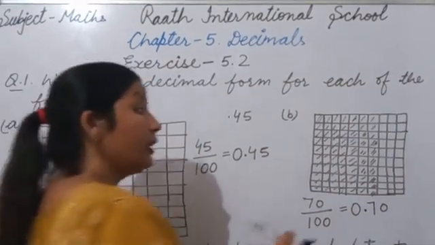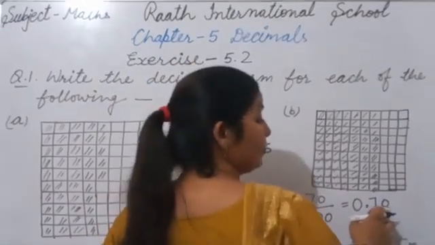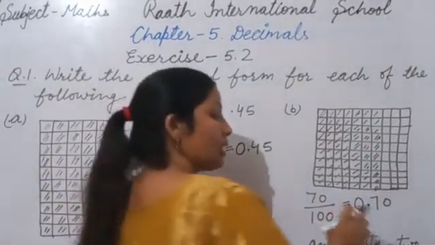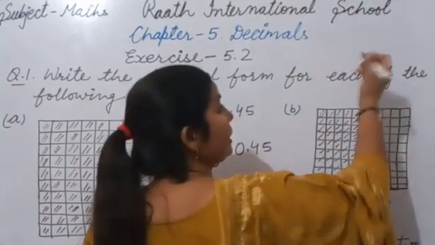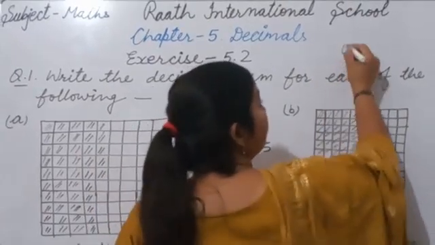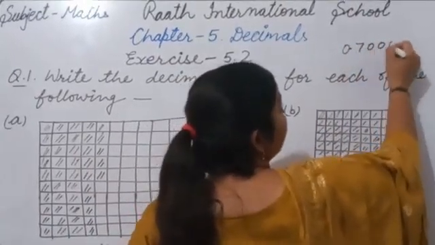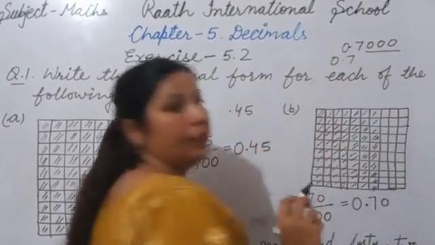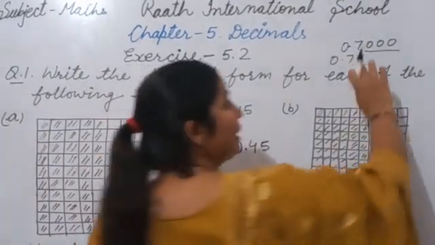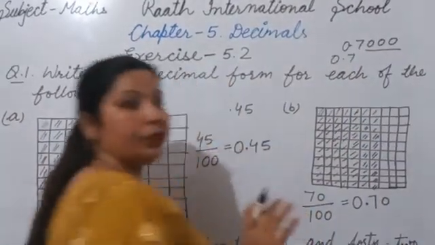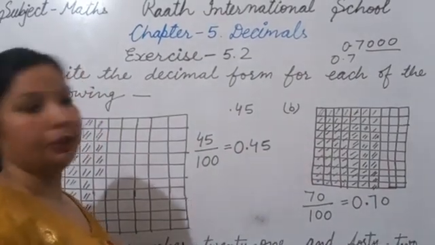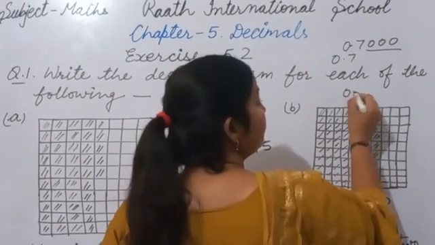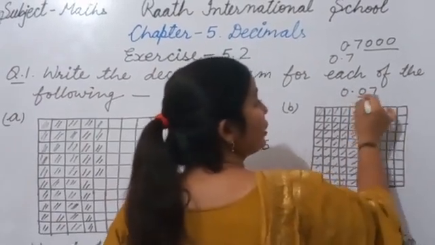So it becomes 0.70. Now after 7 you have 0, so if we want to leave it we can leave it, because as I told you, after the decimal, if we have 0.7 then 0, 0, 0 and so on, that is equal to 0.7. After the decimal, at the last, if we have continuous 0s there is no value of these 0s. But if you have 0.07, you cannot remove the 0.